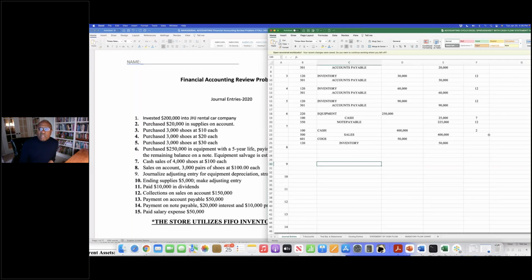And what's this type where we're allocating the cost of the asset to inventory? I'm on cost of goods sold inventory right now, and the one above it.